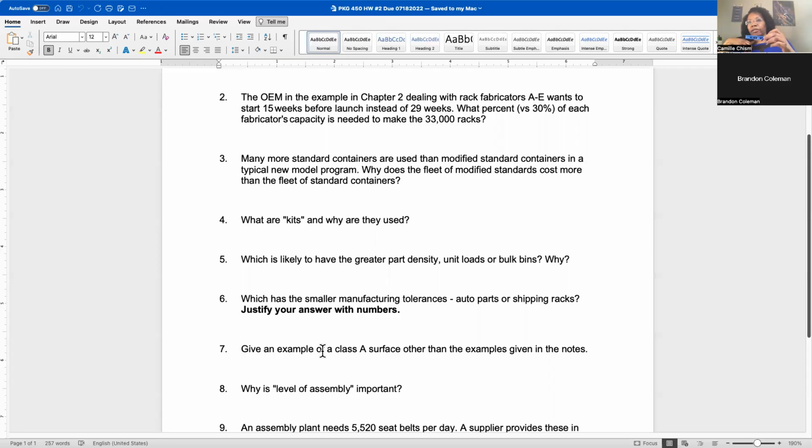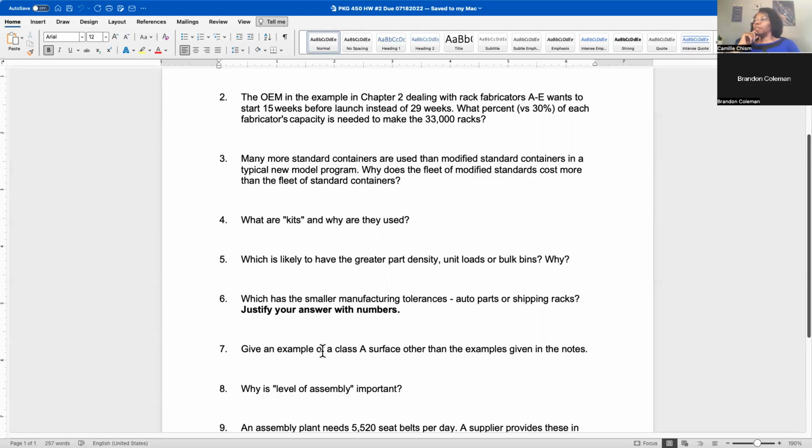So you might have 10 or 20 handheld totes on a pallet versus one bin. What's going to yield you the most density of parts?